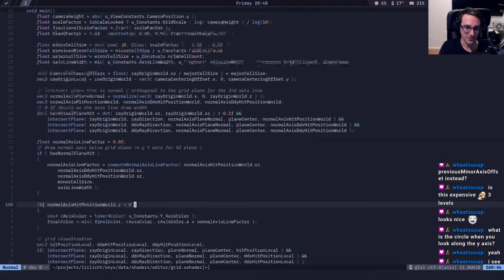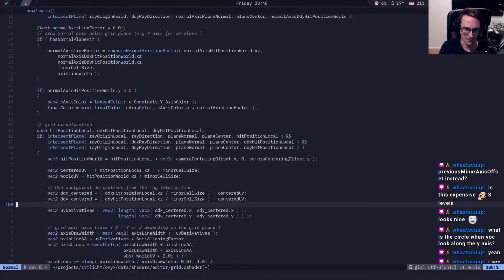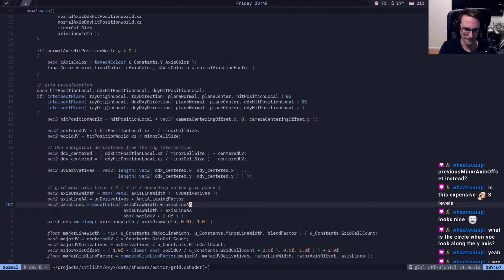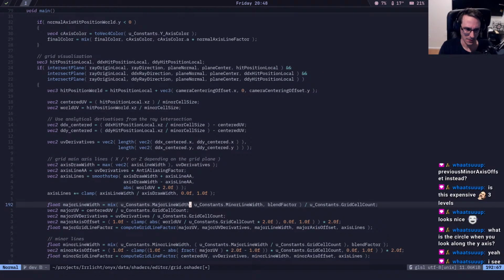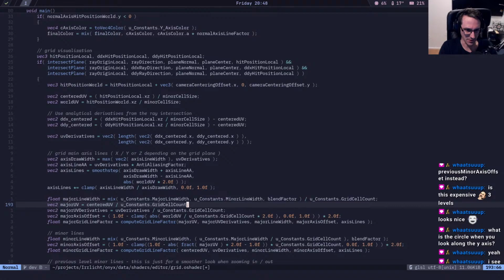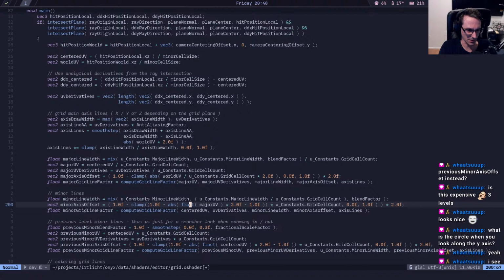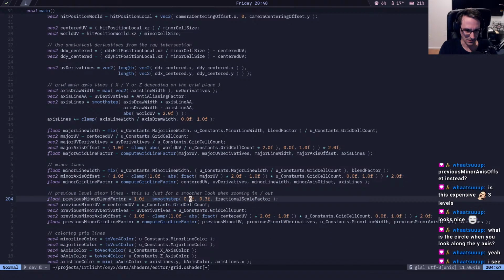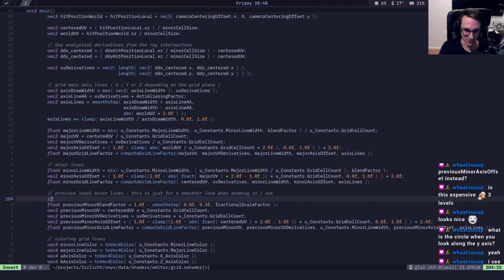Guess the blend factor is 0 then, in this case. If it's 0 here, we go to major line width. If it's 0 here, we go to minor line width. And then here, this one we just don't do, I guess.